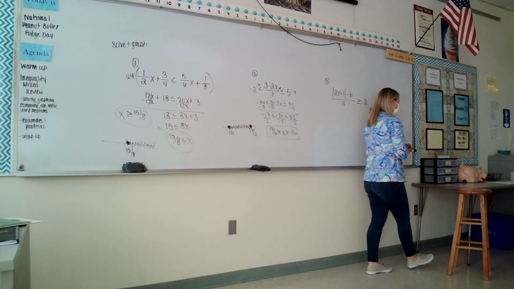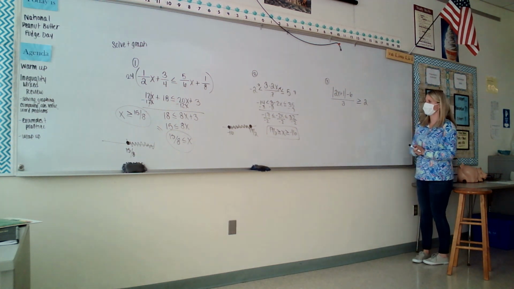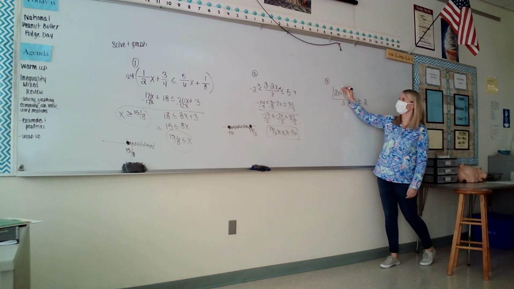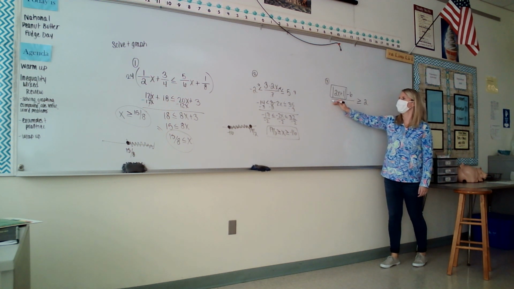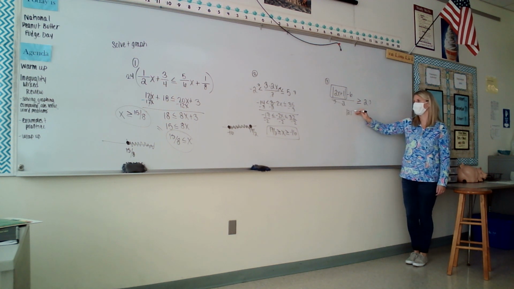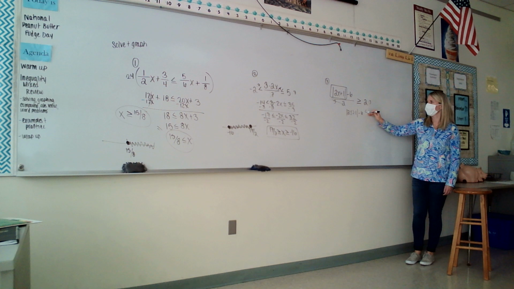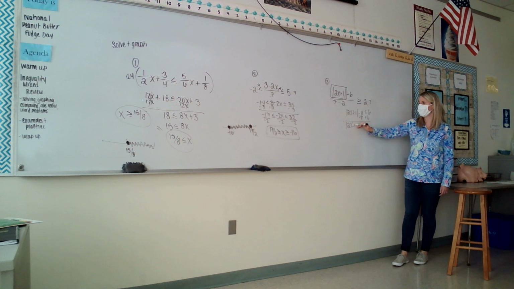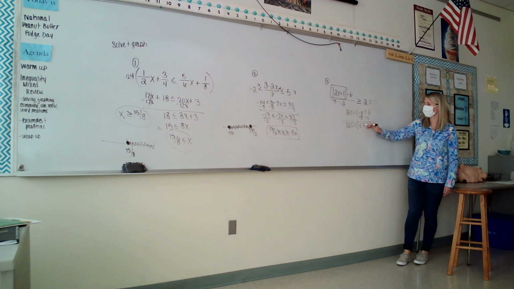But if you didn't flip, that's where you might have gotten messed up. And last but not least, we need to isolate this absolute value. So I'm going to multiply by 3. I'm going to add 6. So I haven't split into 2 yet. You can't split into 2 until your absolute value is isolated.